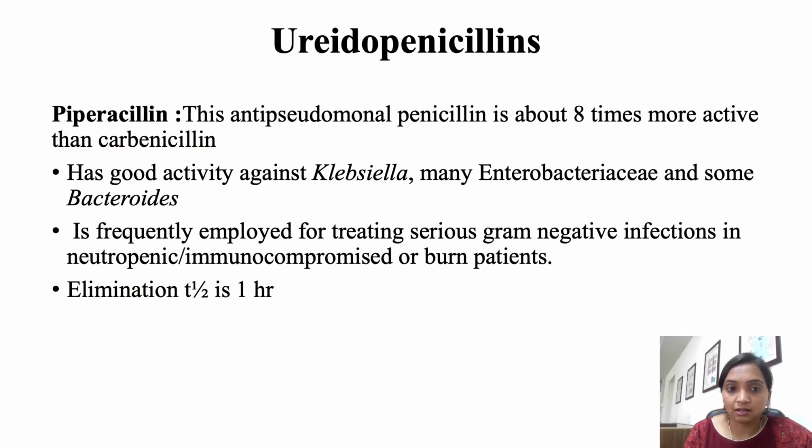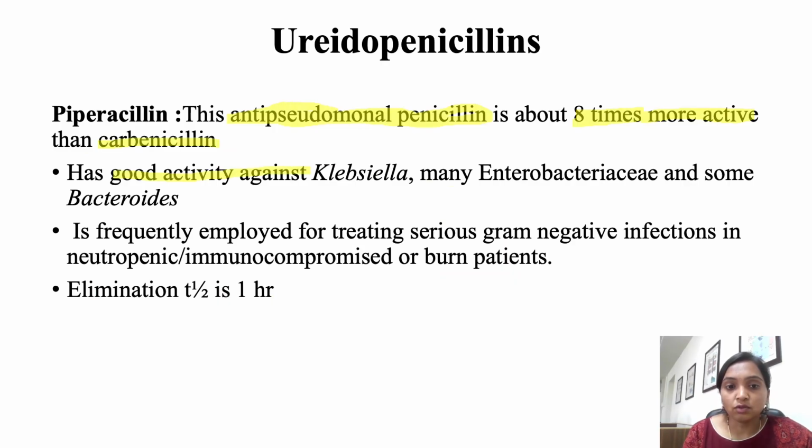Ureidopenicillins, like carboxypenicillins, I already mentioned, also have activity against Pseudomonas infection, very important. And the activity against Pseudomonas is 8 times more than that produced by carboxypenicillins. This also is an important point to be remembered.